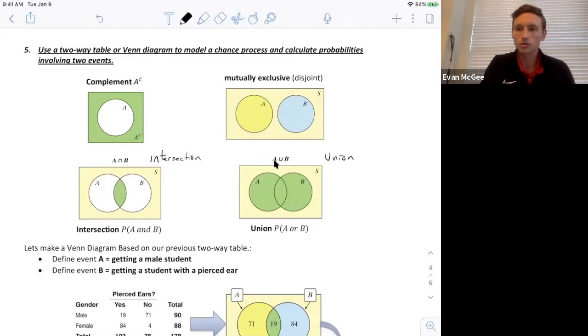So the U is a union and the N is an intersection.